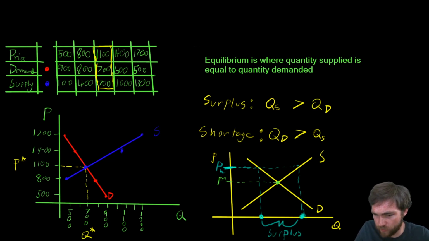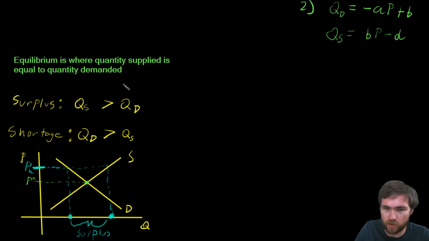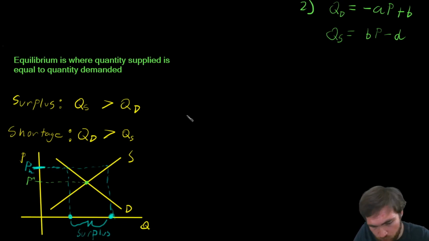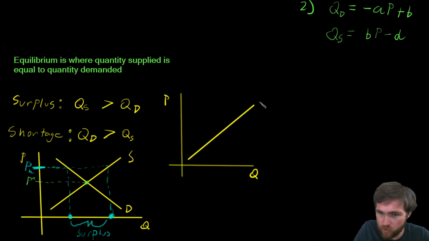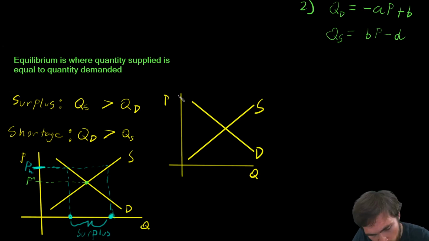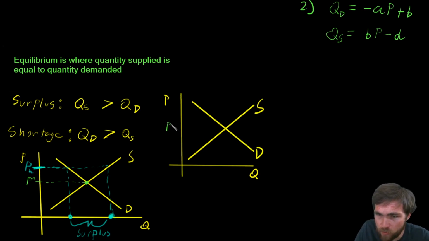And similarly, we can illustrate the idea of shortage. So switching or drawing another graph, upward sloping supply curve, downward sloping demand curve, and just like before, we've got some P star corresponding to equilibrium, and we could have some price below equilibrium that we'll call PL.